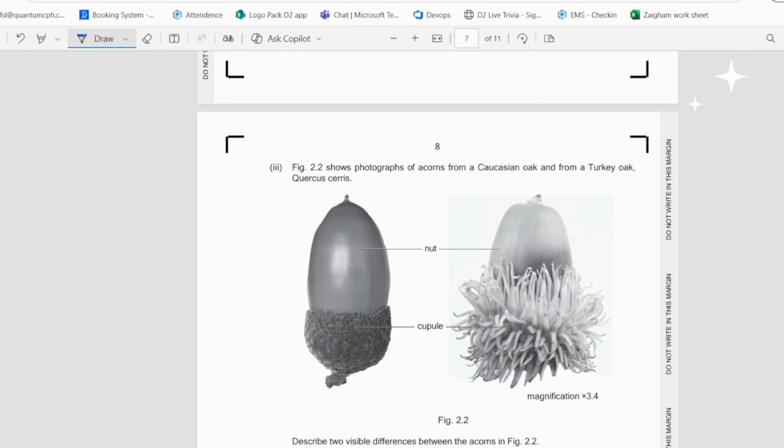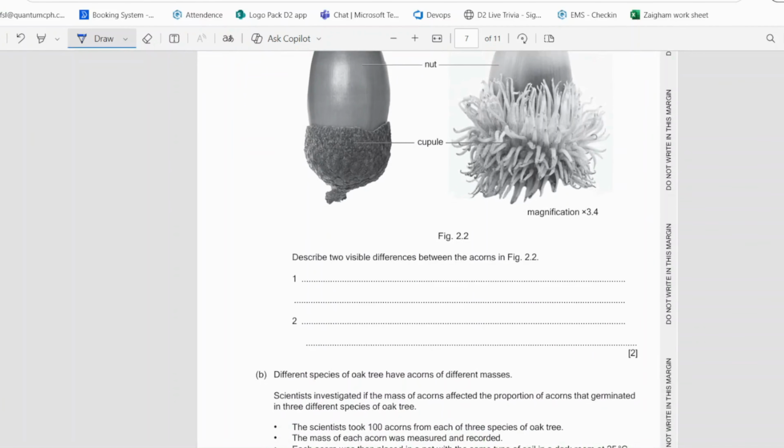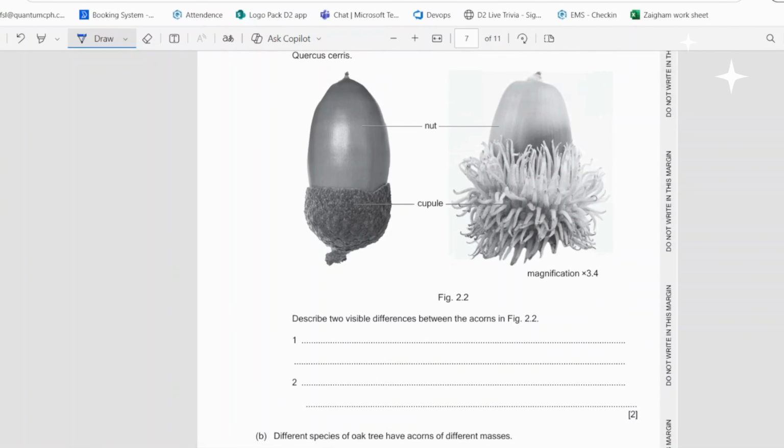Okay, this is a photograph of an acorn from a Caucasian oak and from a Turkey oak. So, what is the difference between the two? Visible differences. It's written cupule.